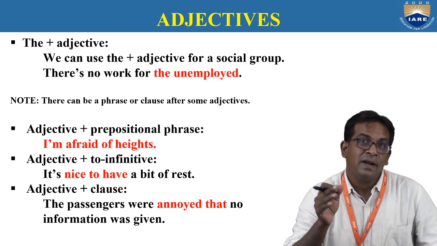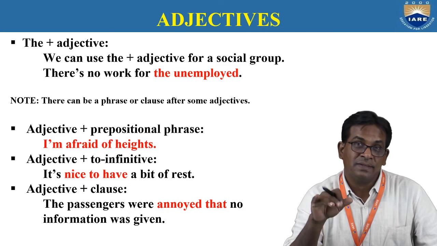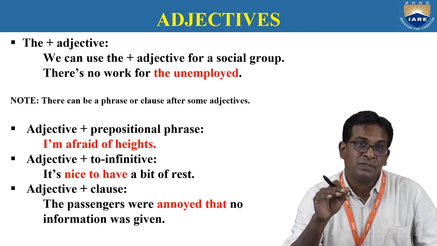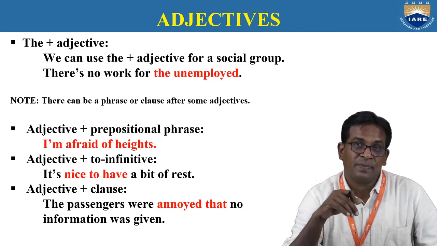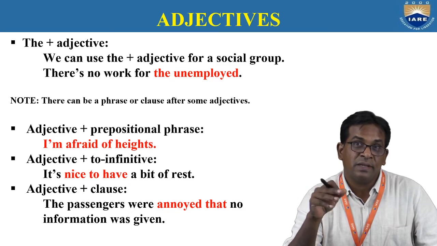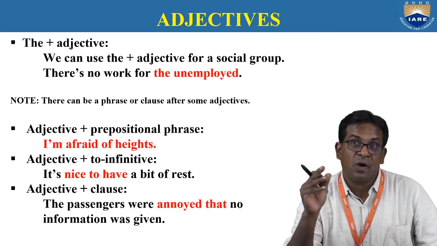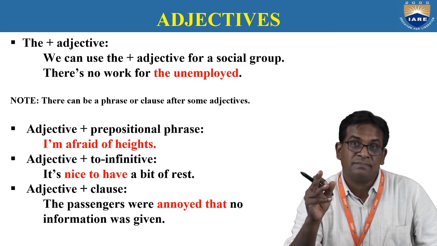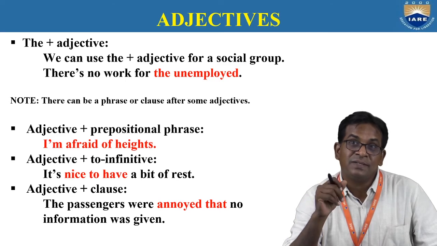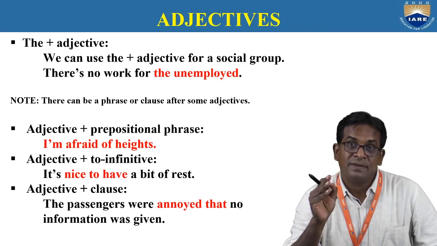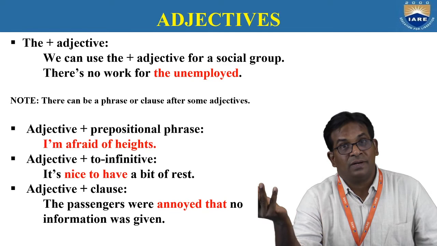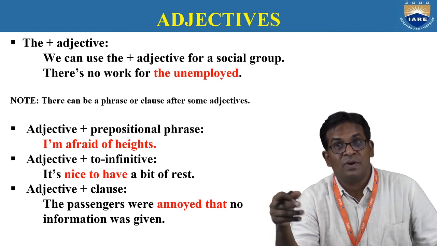And also, adjective plus clause. You have to use such combinations when you are writing or speaking. The passenger was annoyed that no information was given. What is the adjective? Annoyed, followed by a clause: no information was given.